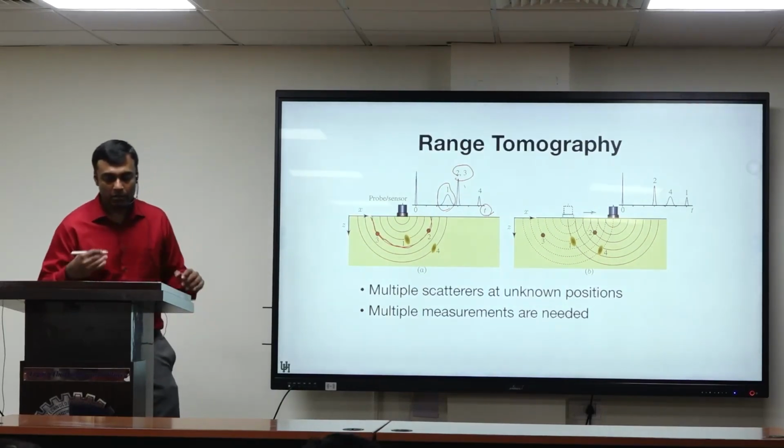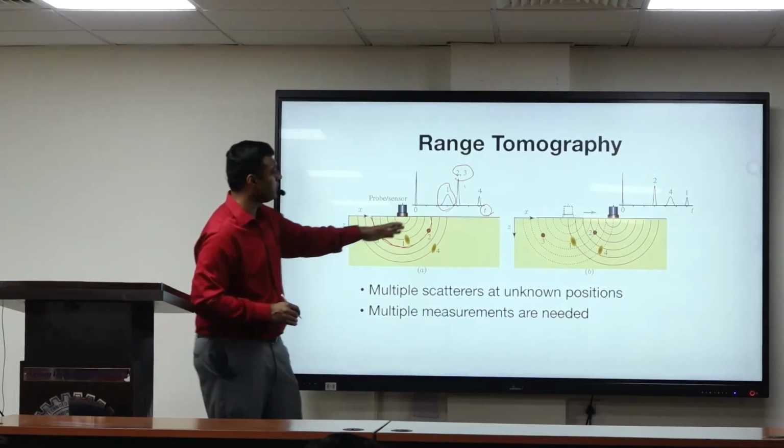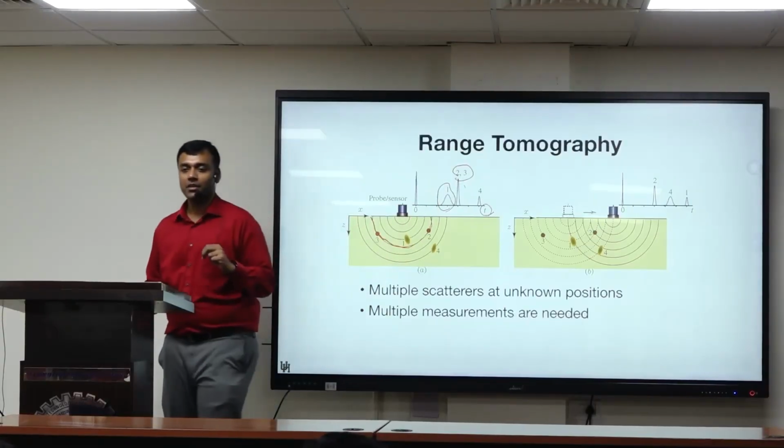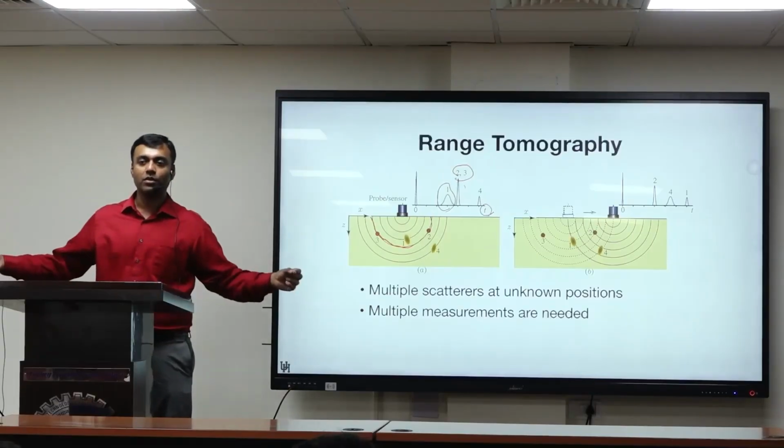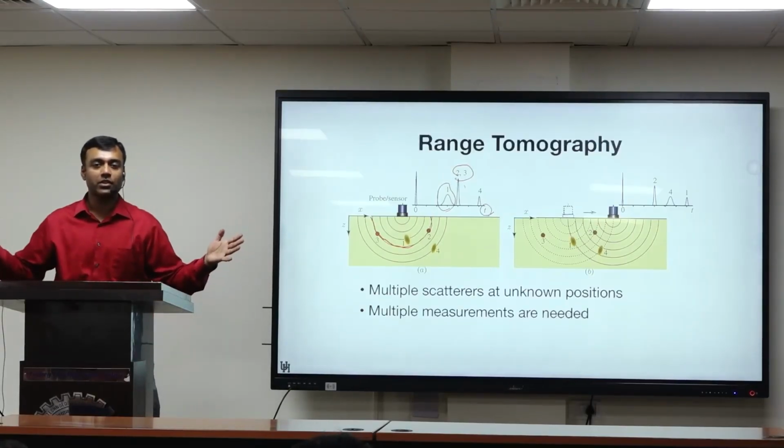So you will get both signals at the exact same time, right? The wave takes the same amount of time to go and come back because they are at equal distance.